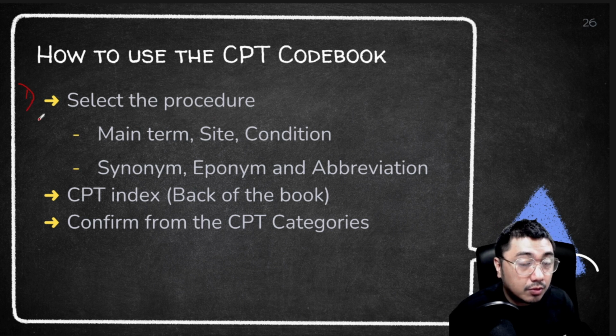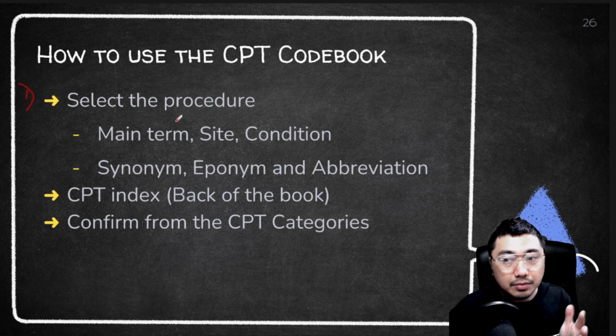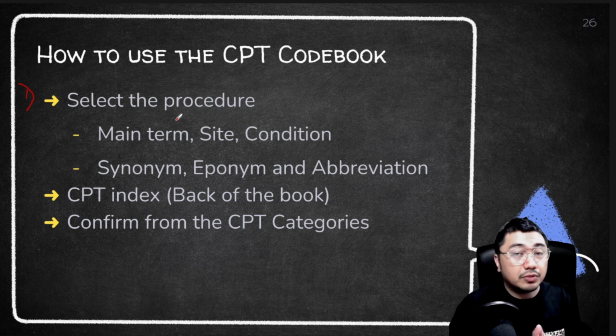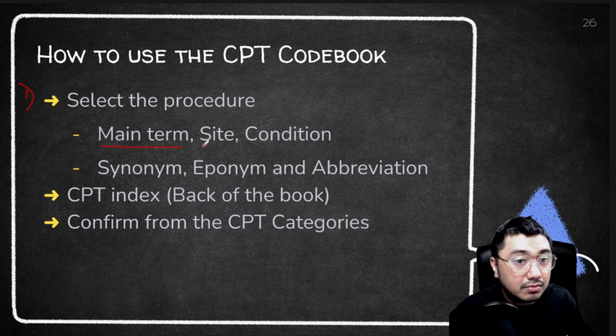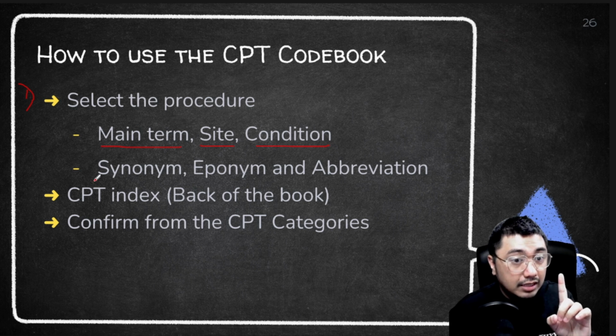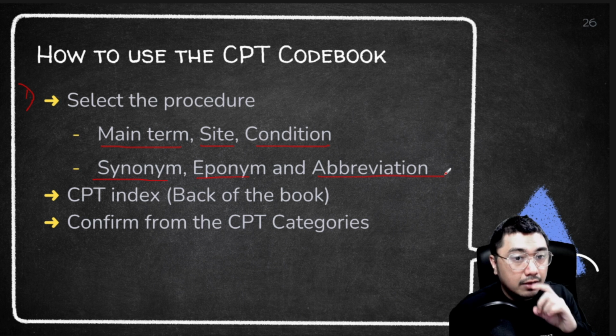So this is number 1: select the name of the procedure or service accurately identified by the doctor or provider. Check for the main term, site, and condition, and check for any synonyms, eponyms, and abbreviations for that specific term that you found.